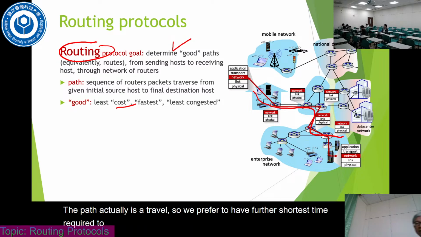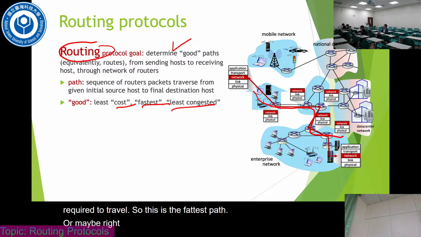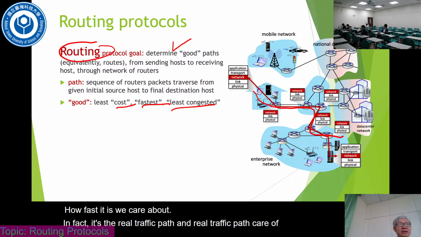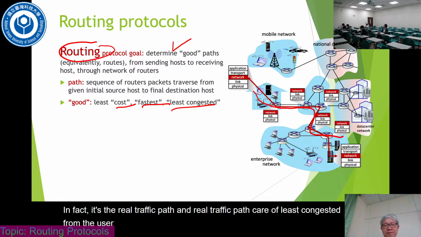So this is the fastest path. Or maybe we don't care about cost, we don't care about speed. We care about the real traffic path, and real traffic paths care about the least congested from the user viewpoint.